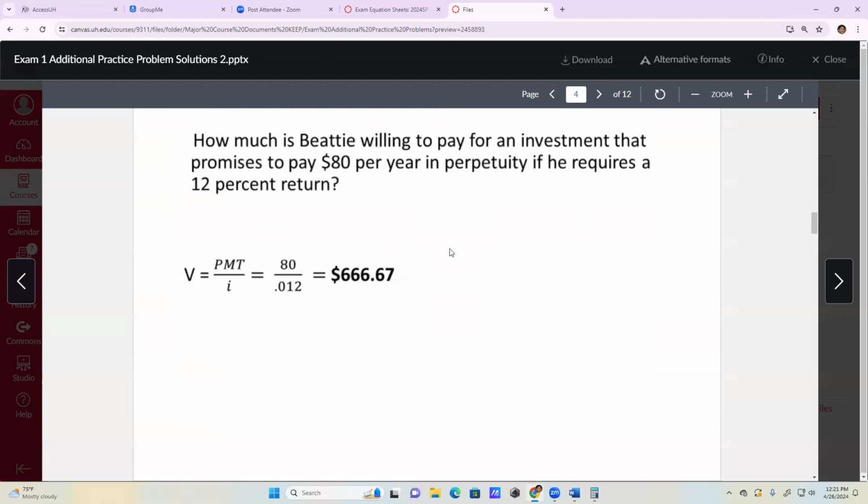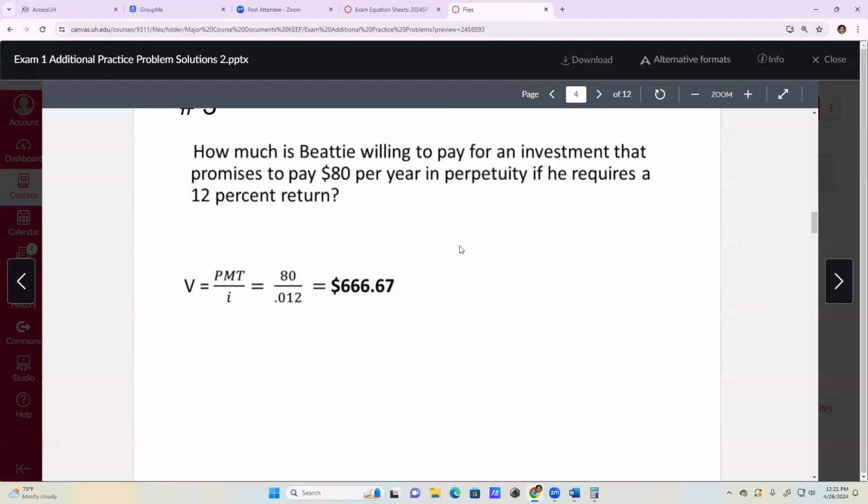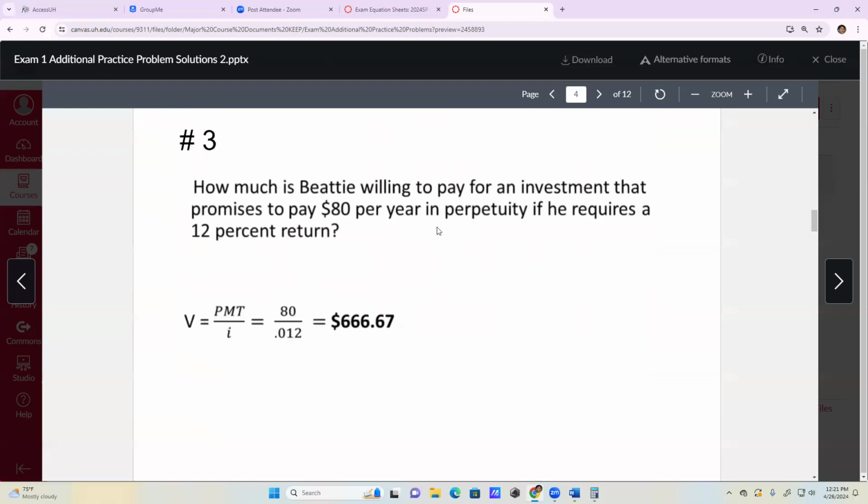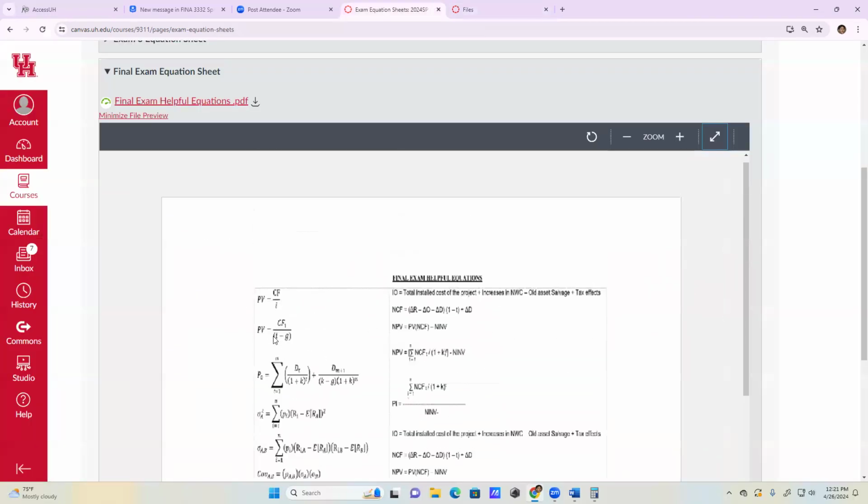All right. This type of question, whenever you see the perpetuity, and then you only see a payment and a percentage, most likely you just have to take the payment and divide by the percentage. This formula is already given to you on the exam equation sheet.